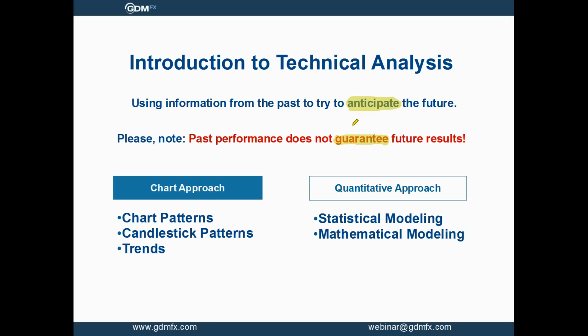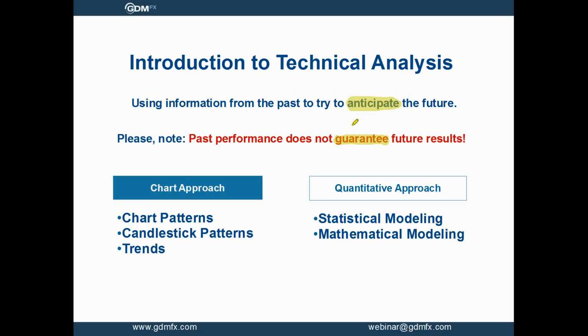Basically, the chart is a visual representation of a significant set of statistical data. It's a visual representation designed to help your brain more easily, more efficiently work with that information. In other words, what we're going to look at today is chart patterns.